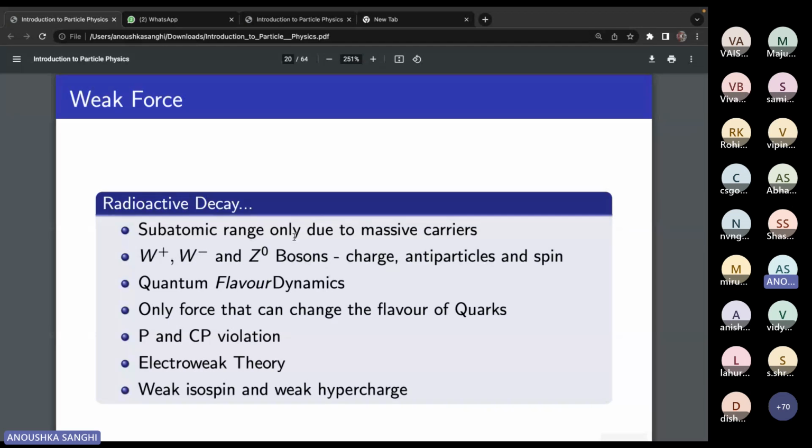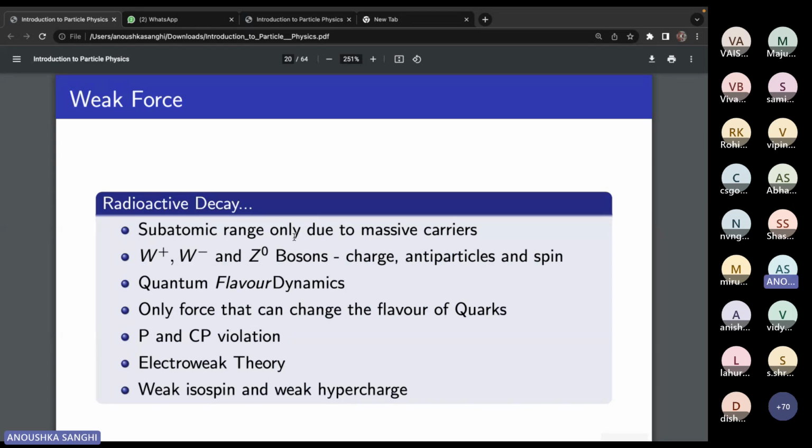Suppose it emits a photon. What will happen to the final end result? It's observed, and we can easily say that the end result will again be the same, the top quark only.